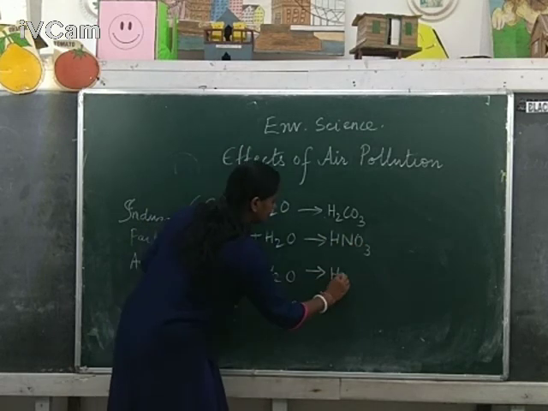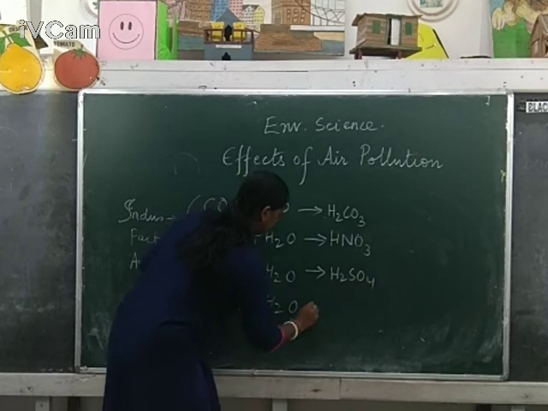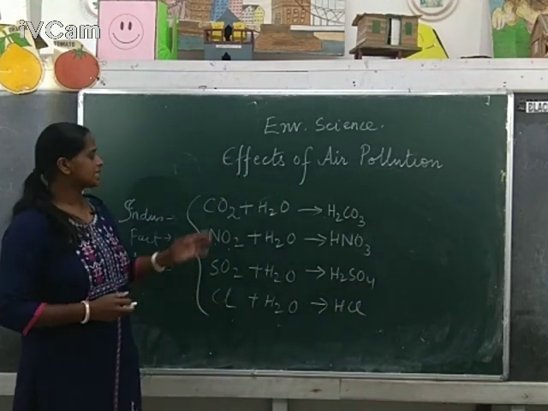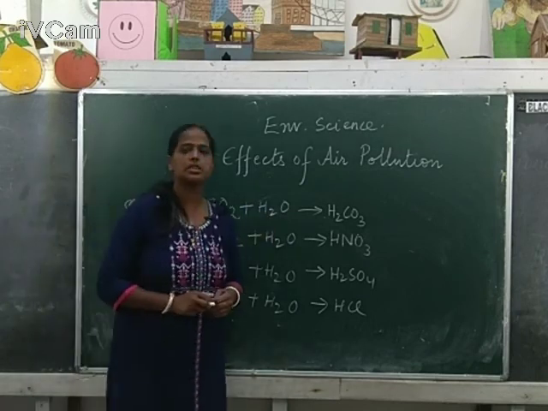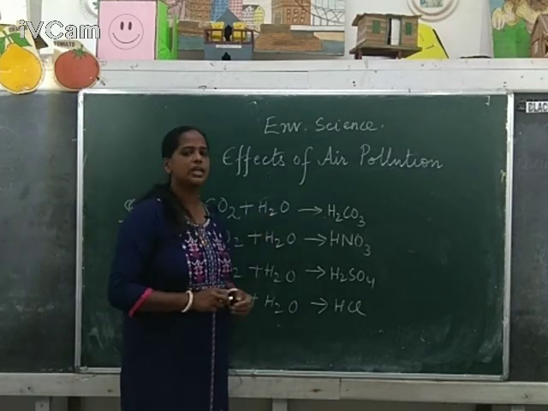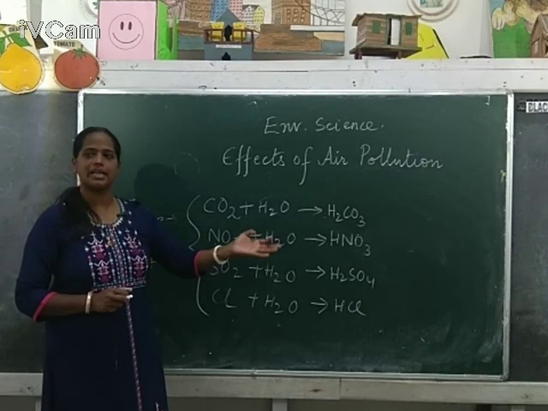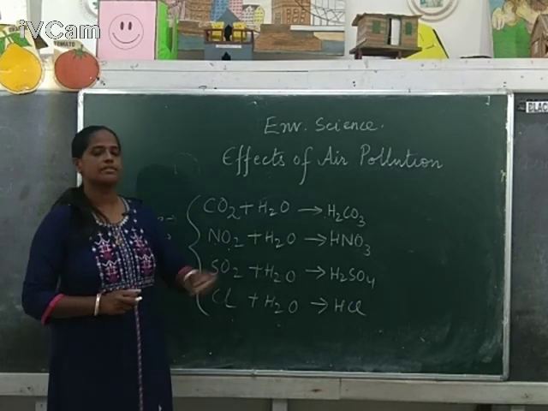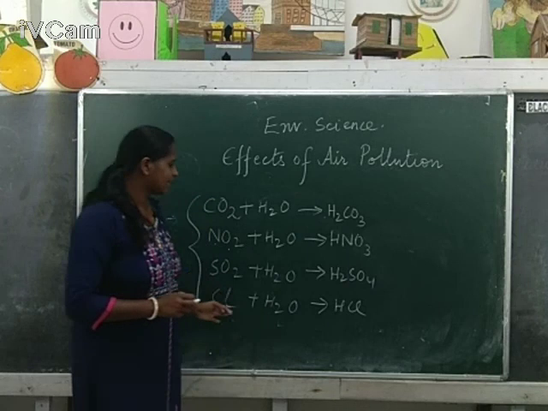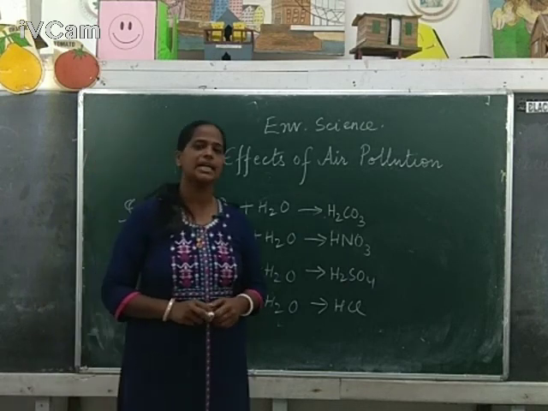What I have written on the board is: when carbon dioxide combines with water vapor, carbonic acid is formed. Similarly, nitrogen dioxide forms nitric acid, sulfur dioxide forms sulfuric acid, and chlorine forms hydrochloric acid.